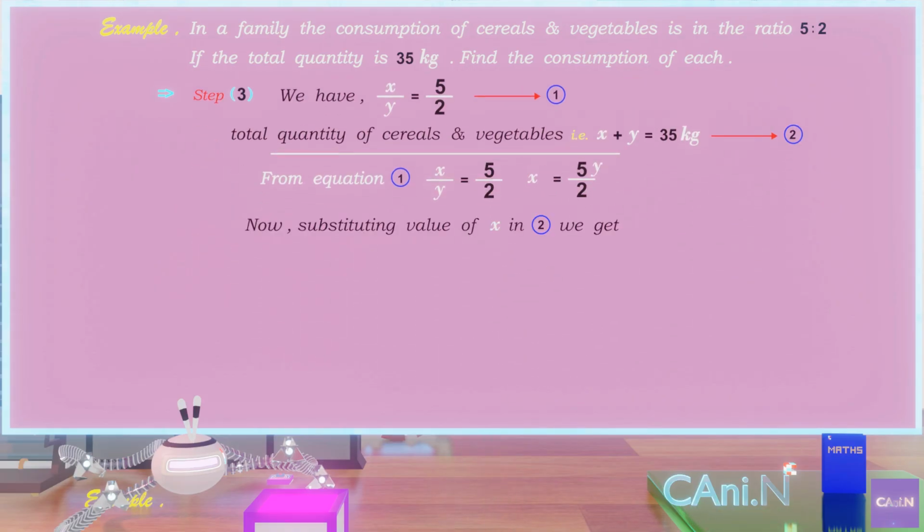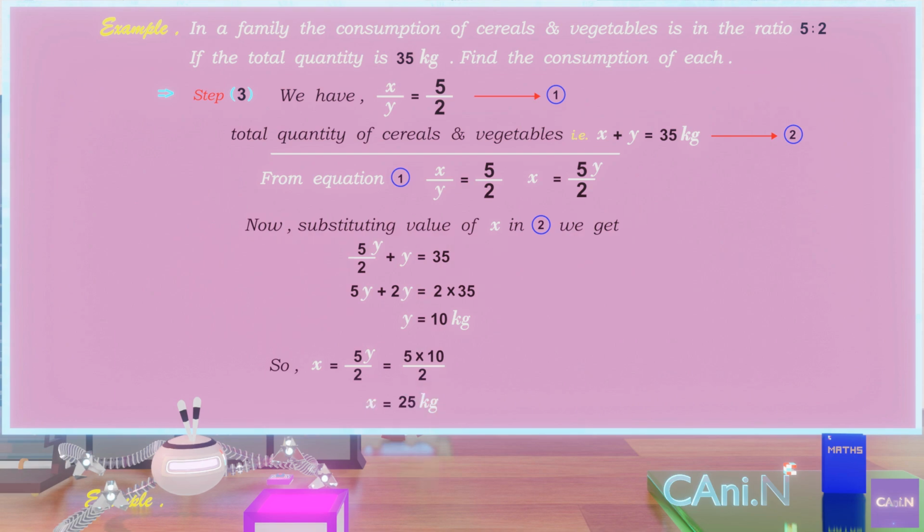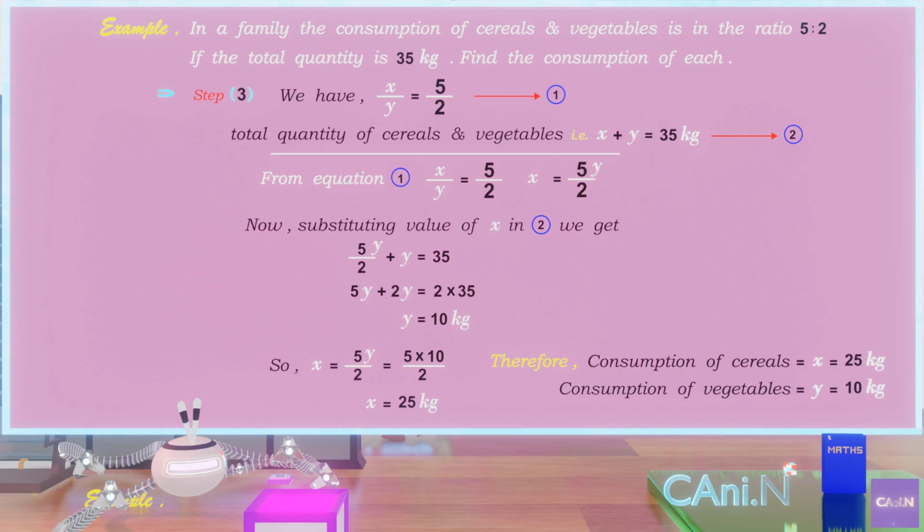Now, substituting value of x in equation 2, we get 5y plus 2y equals 2 into 35. y equals 10 kilograms. So, x equals 5y by 2 equals 5 into 10 by 2, x equals 25 kilograms. Therefore, consumption of cereals equals x equals 25 kilograms. Consumption of vegetables equals y equals 10 kilograms.